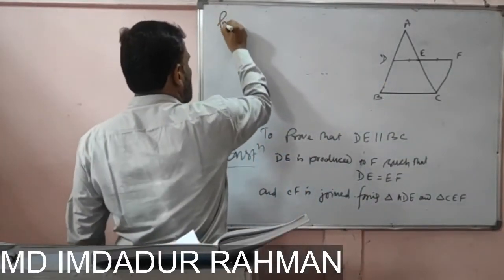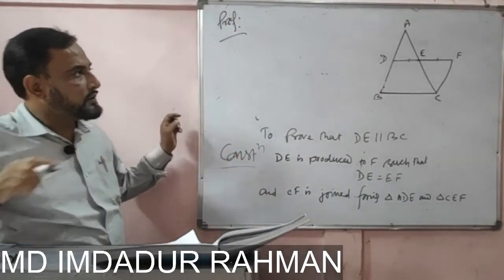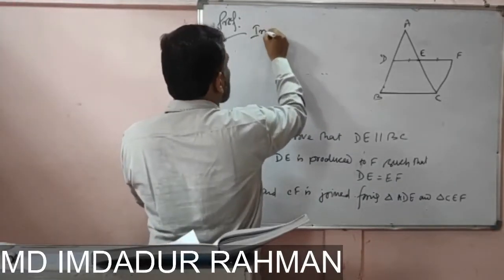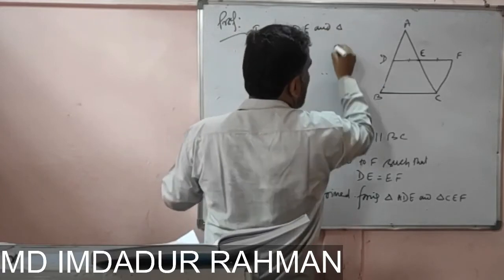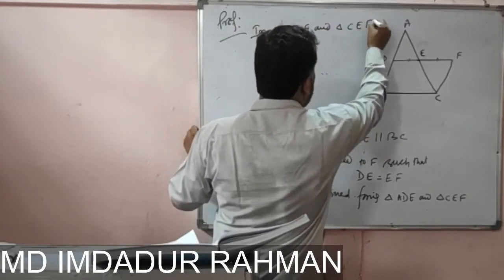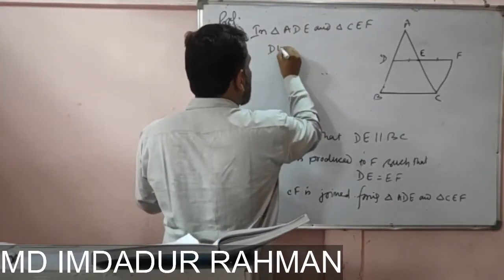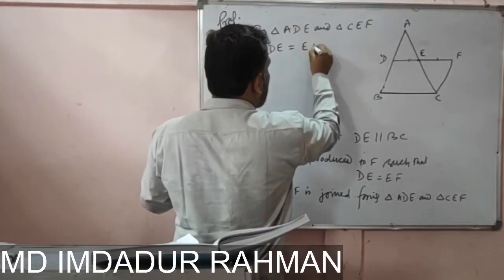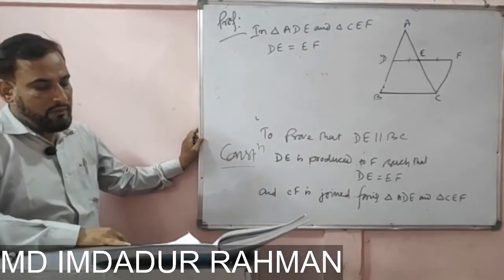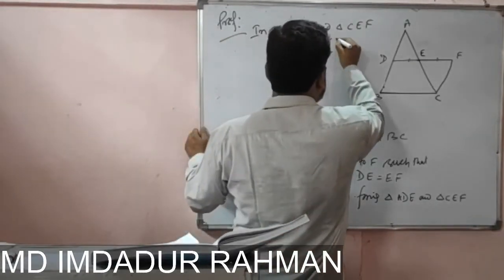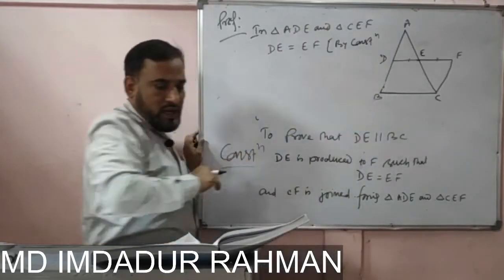Proof. In these two triangles, triangle ADE and triangle CEF, what will we get? DE is equal to EF. This is by construction.